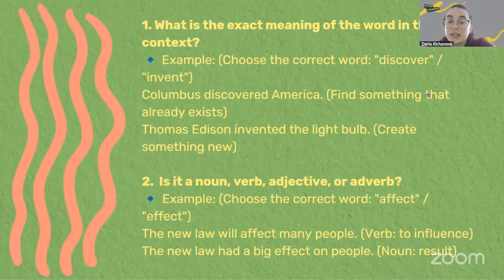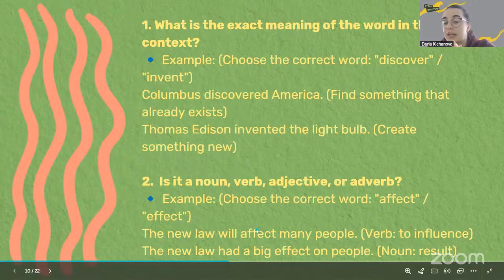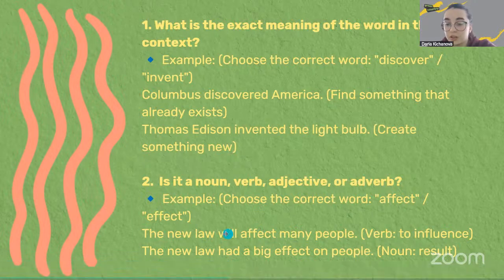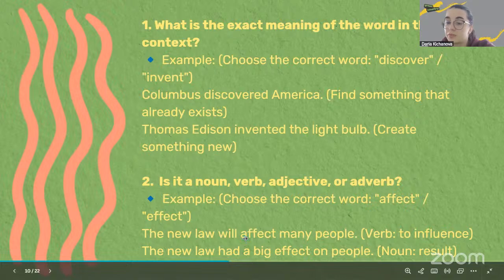Next question is, is it a noun, verb, adjective, or adverb? So I would like us to check the two examples, and there we have: the new law will affect many people. There we can understand that this word is a verb, because after will we should of course put a verb. So it means like to influence something, right?